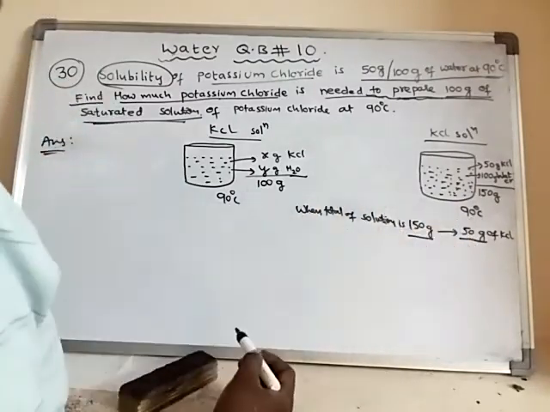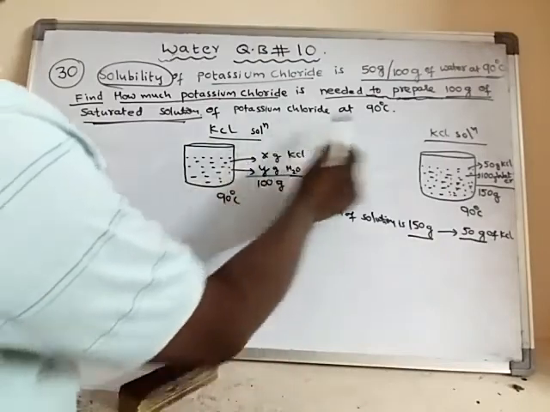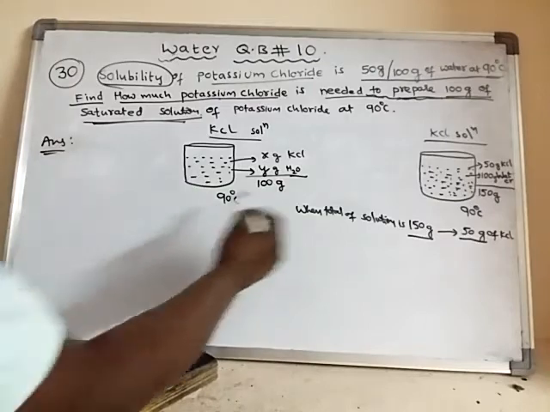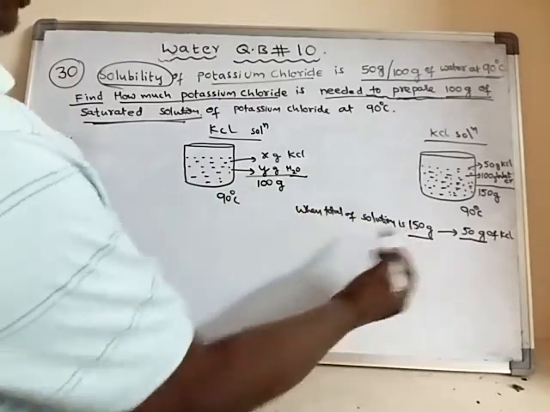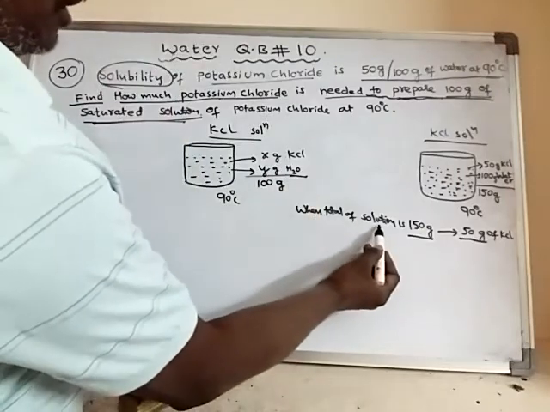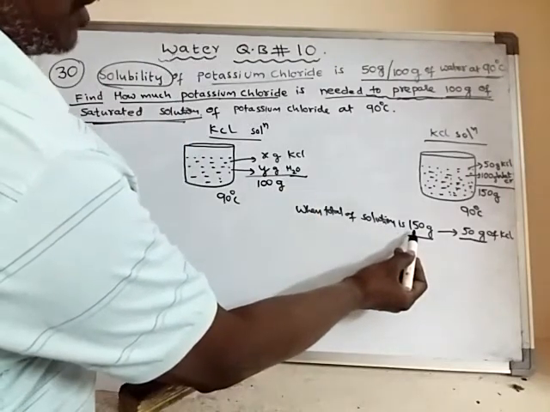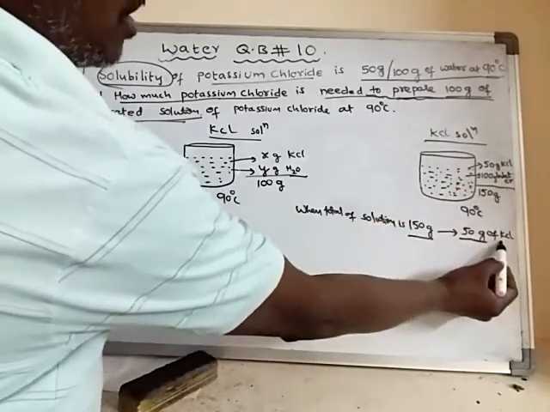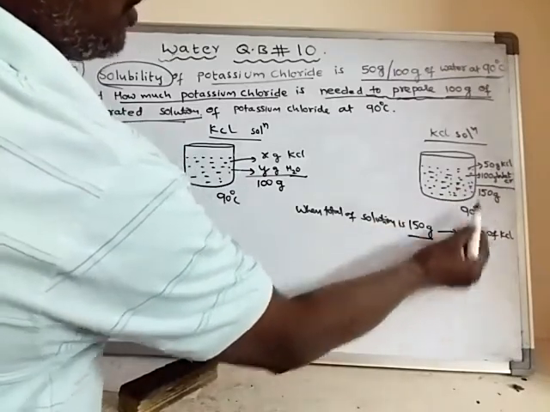When the substance is the same and the temperature is also the same, we can easily compare. We can compare like this. When the total weight of solution is 150 grams, how much potassium chloride is present? 50 grams is present.